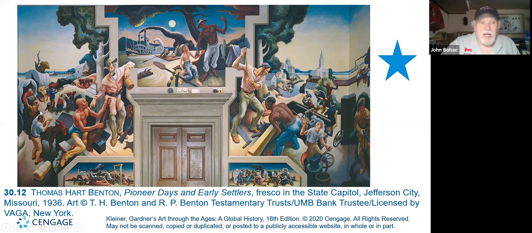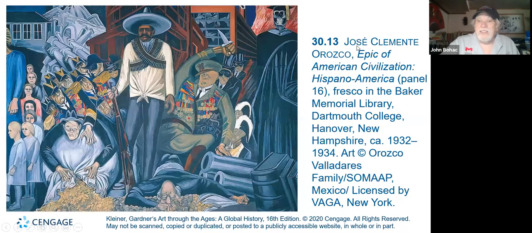Anyway, government actually helped pay for artists to put paintings in public places. And so here we go, another mural. Epic of American Civilization, Hispano America, panel 16, fresco in the Baker Memorial Library, Dartmouth College.